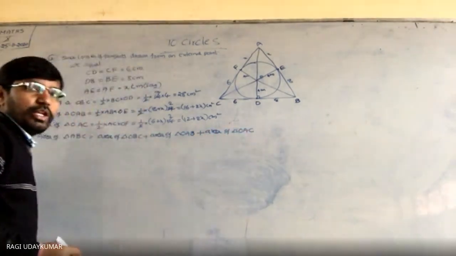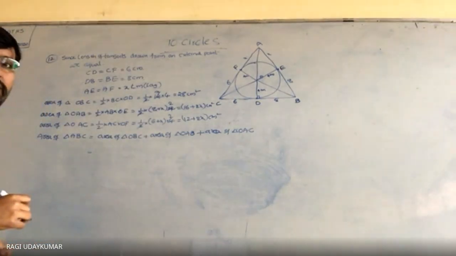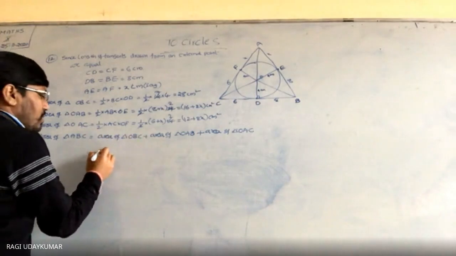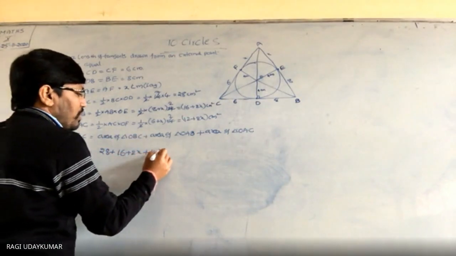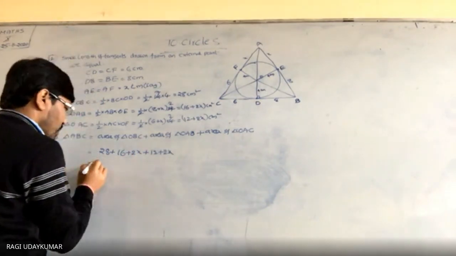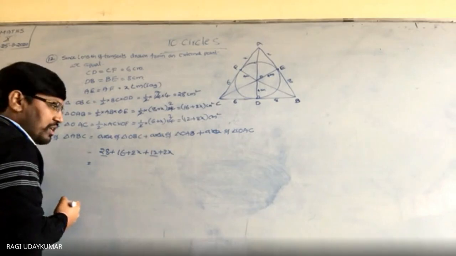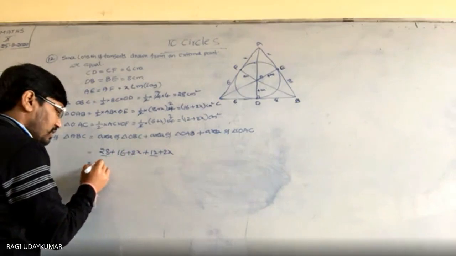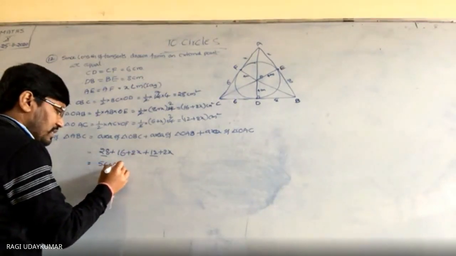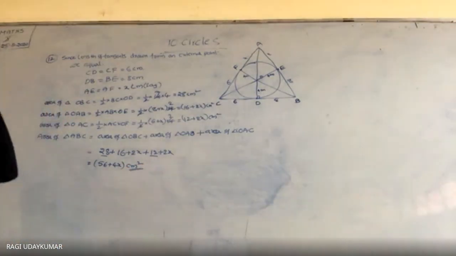We have to add the areas of all three. So this area is equal to 28 plus 16 plus 2x plus 12 plus 2x. Adding: 28 plus 12 is 40, 40 plus 16 is 56, so 56 plus 4x centimeter square.